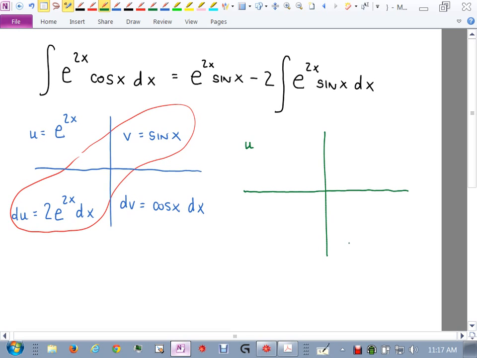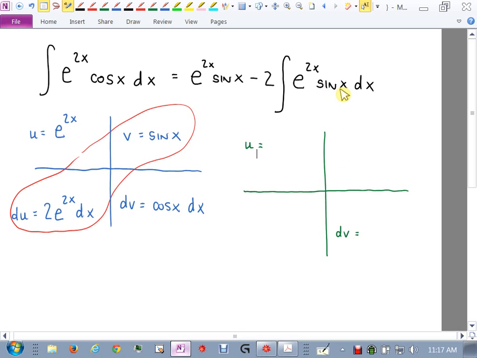I'm going to call u and dv again. Now, I will warn you about something here. What if this time we let sine x be the u, and then e to the 2x be the dv? Wouldn't that take you right back to where you were?